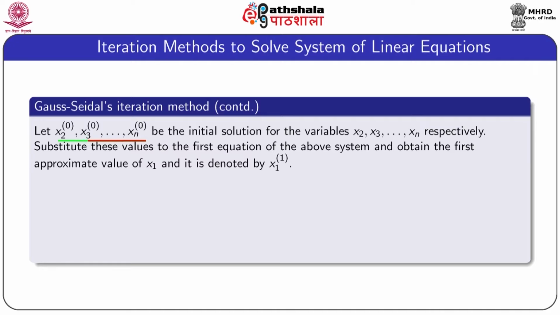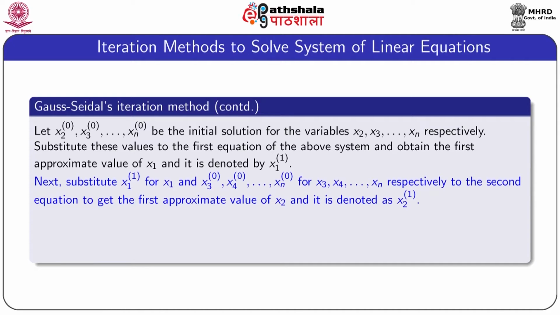Let x2^0, x3^0, dot dot dot xn^0 be the initial solution for the variables x2, x3 up to xn respectively. Substituting these values into the first equation of the above system, we obtain the first approximate value of x1, and this approximate value is denoted by x1^1.